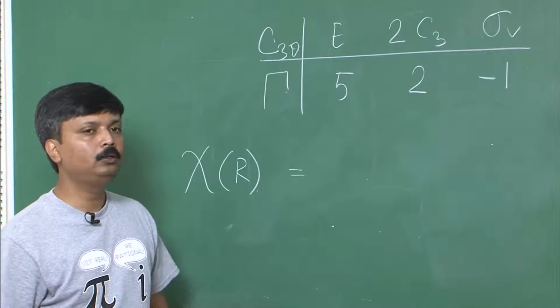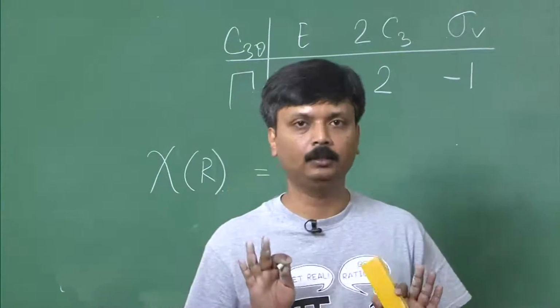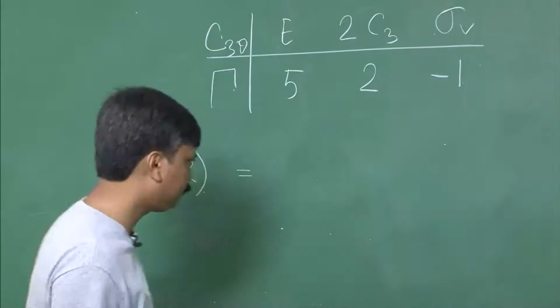I want to know what n1, n2 and n3 are. That's my aim, correct?